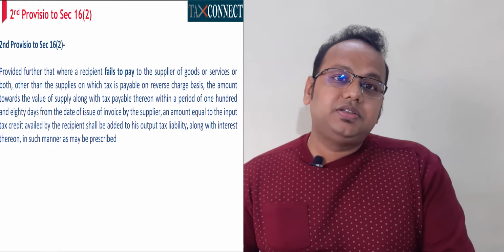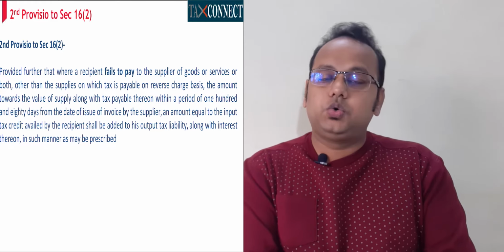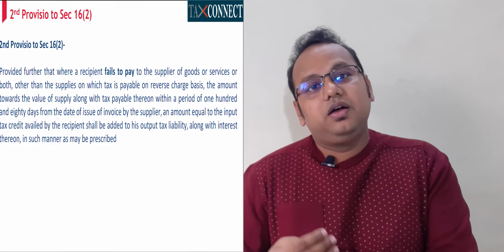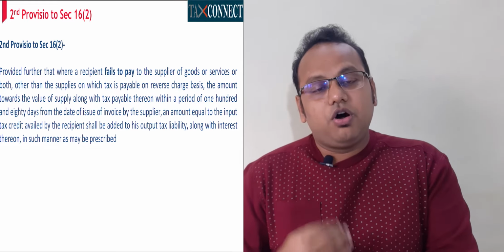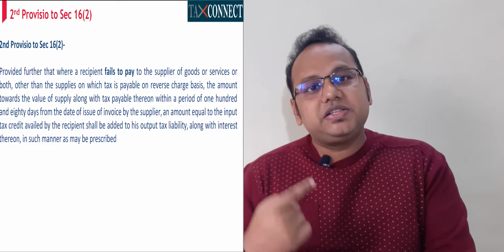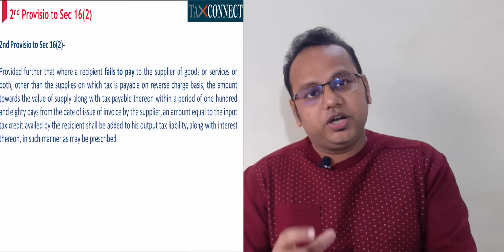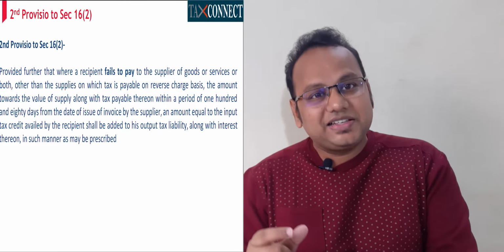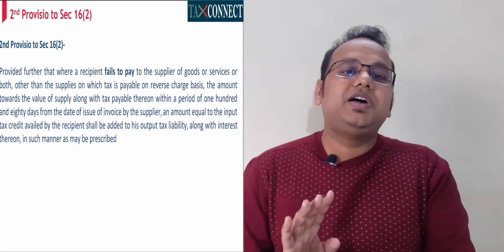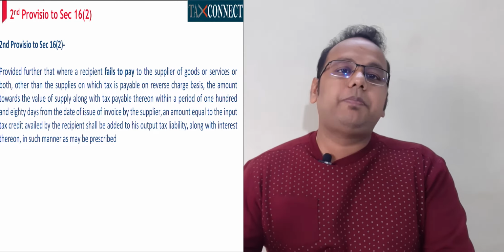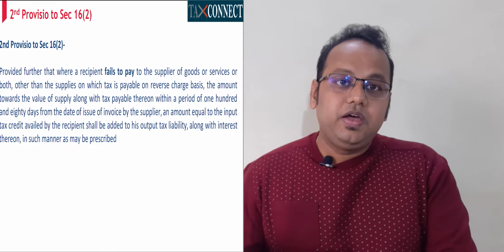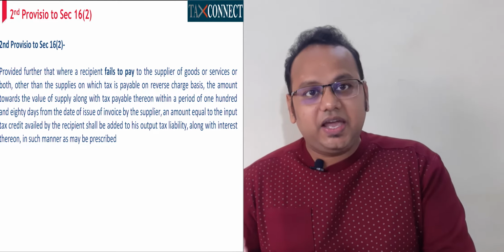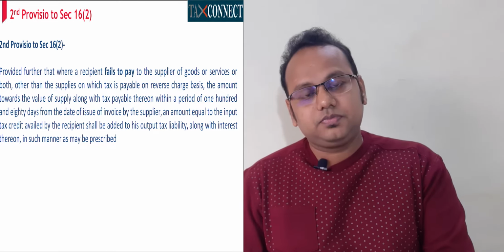The next point is second proviso to 16 subsection 2, which says that in case the recipient of goods or services fails to pay, very important words, fails to pay the taxable value as well as the tax amount to the supplier of the goods or services within 180 days, then the corresponding ITC has to be reversed.